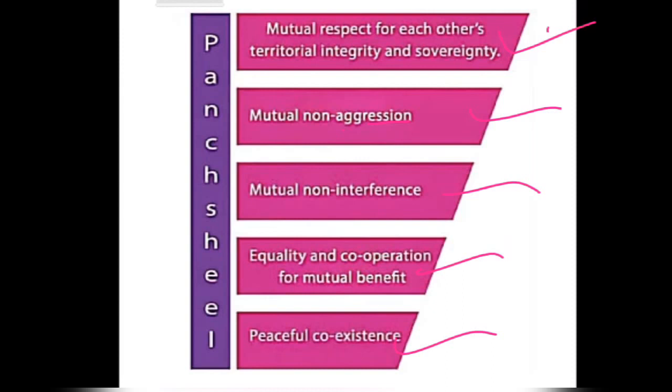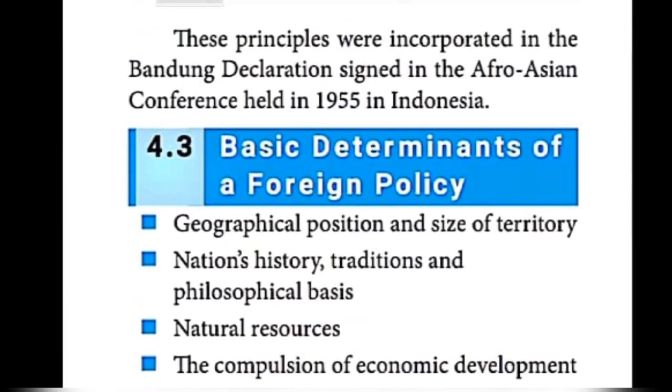Then next, what is given? These principles were incorporated. What is meant by incorporated? Added. Incorporated means added, children. They were added in the Bandung Declaration signed in the Afro-Asian Conference held in the year 1955.